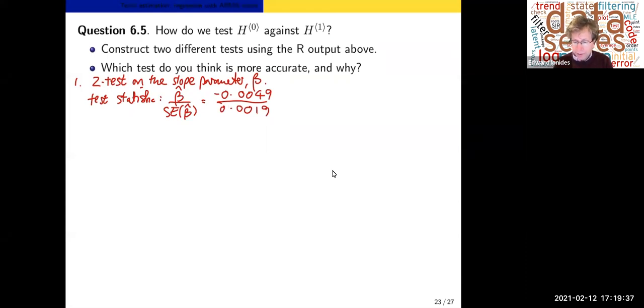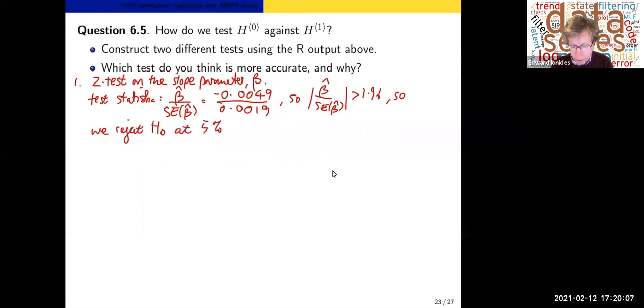And so we see that this difference is well over 2: the absolute value of beta hat over SE beta hat is greater than 1.96. So this lets us reject H0 at the 5% level. That's just a standard normal approximation hypothesis test.